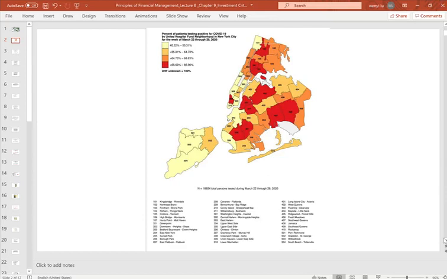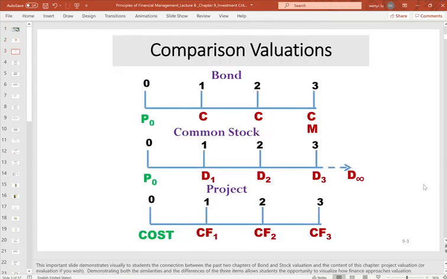So let's go to the formal lectures. Before that, let me do a comparison between three financial terms we studied in this semester. We studied bonds in Chapter 6, common stock in Chapter 8, and we are now studying projects.